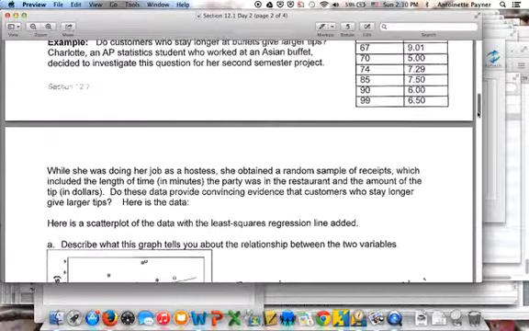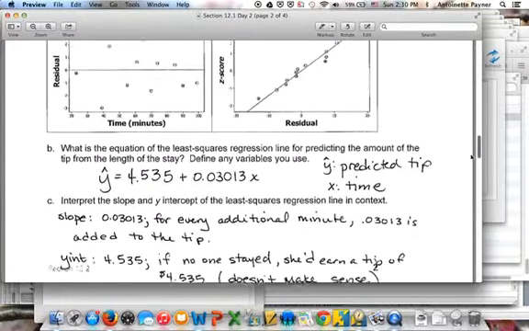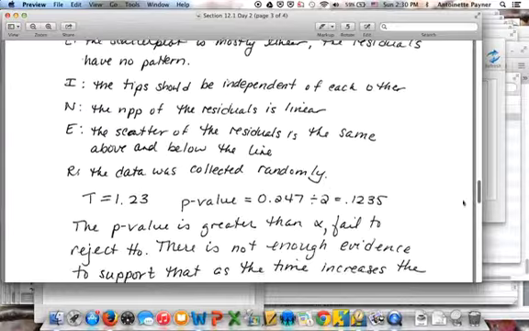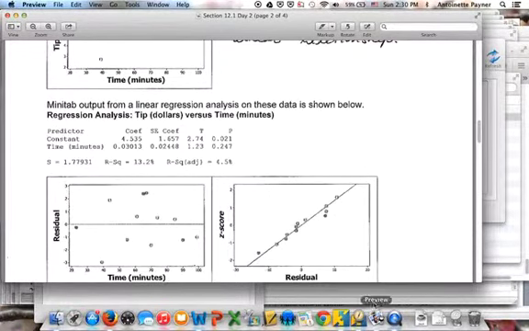Well, another way you can do this, if you go back up here, this formula, remember it's b minus beta over SEb. So I could take the b, which in this case, let's do it this way.